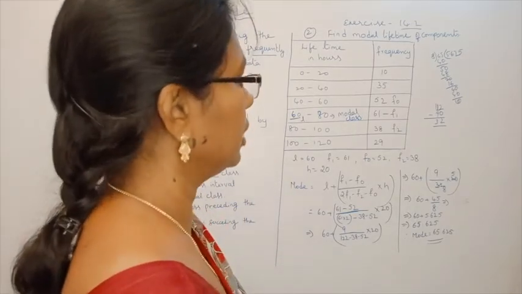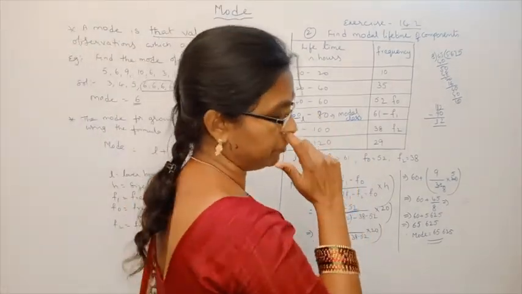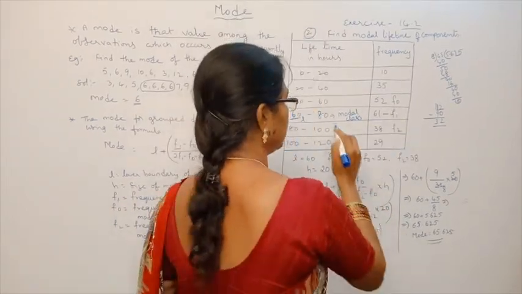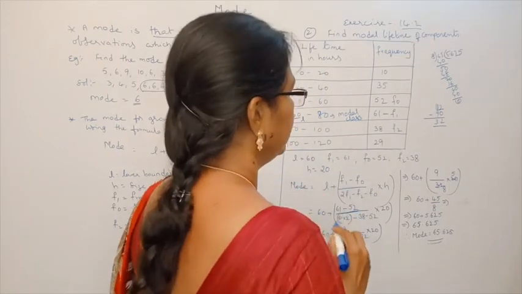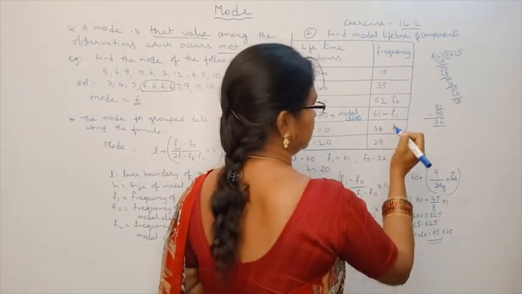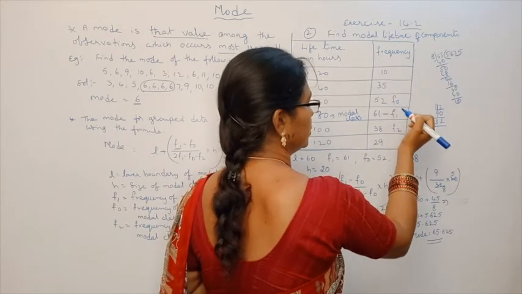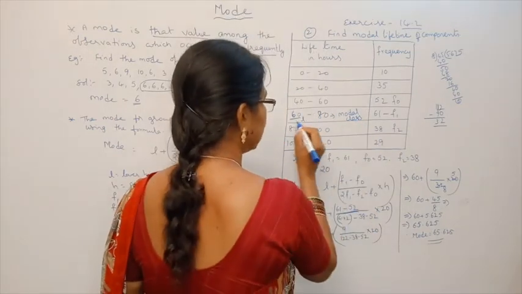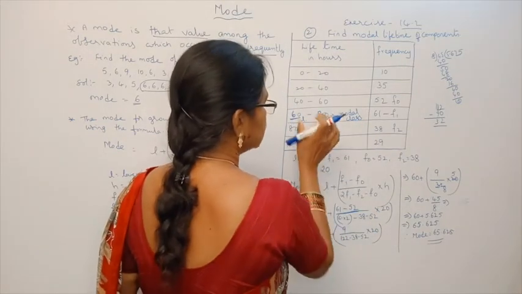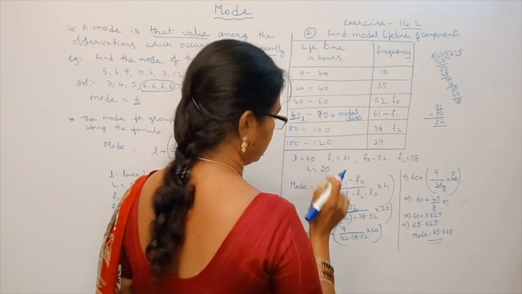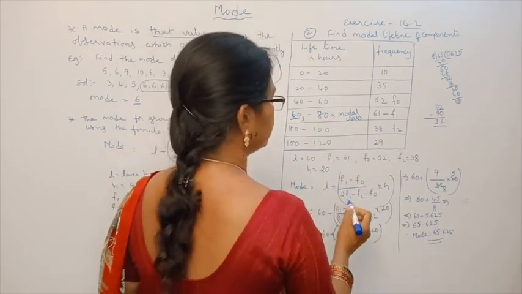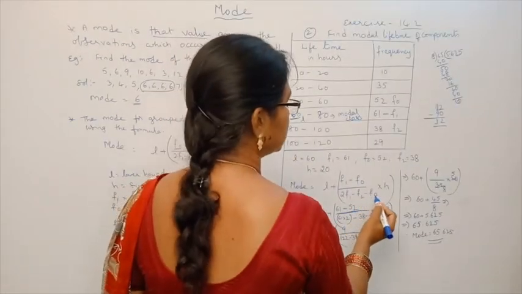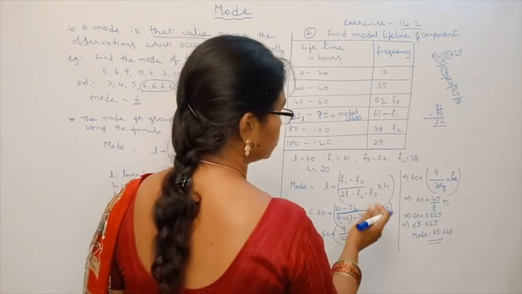First we check which is the highest frequency. 61 is the frequency, and that class is the modal class. That frequency is F1. The one before we take as F0, the next one as F2. Now what is the formula? The lower boundary of the modal class is L, and the size of the class interval is H. L plus (F1 minus F0) by (2F1 minus F2 minus F0) into H. Now substitute the values.